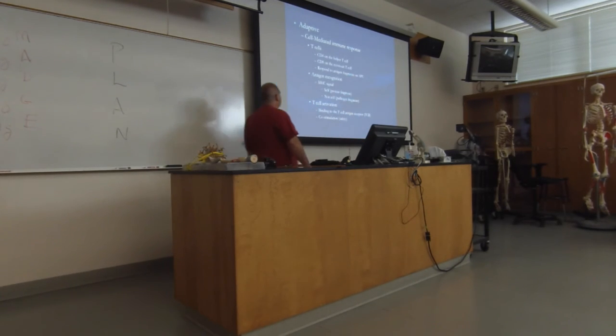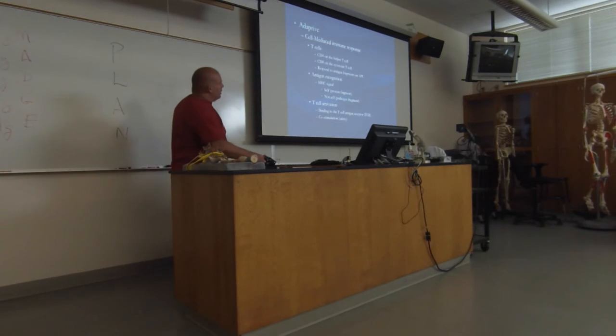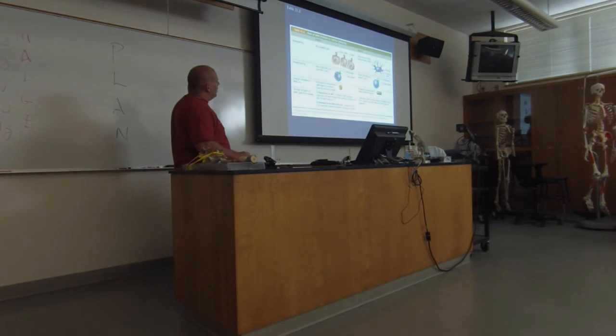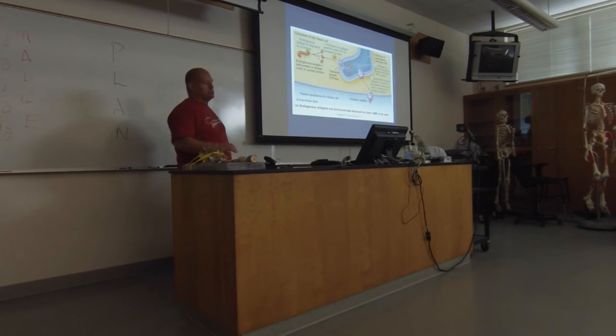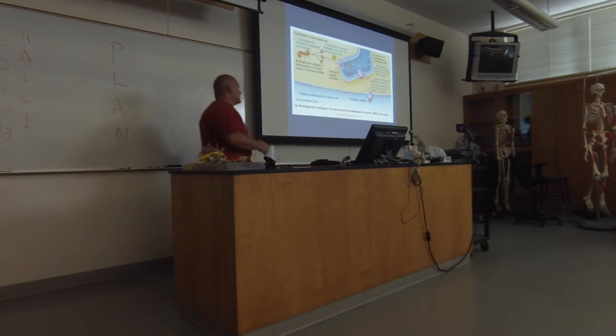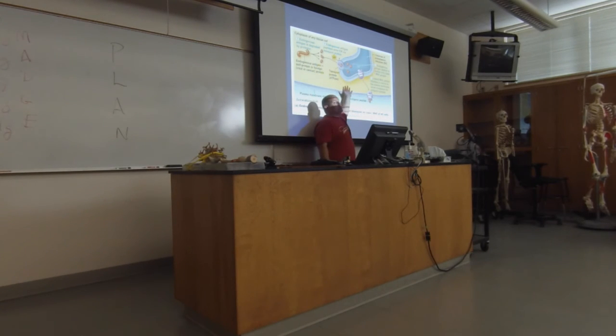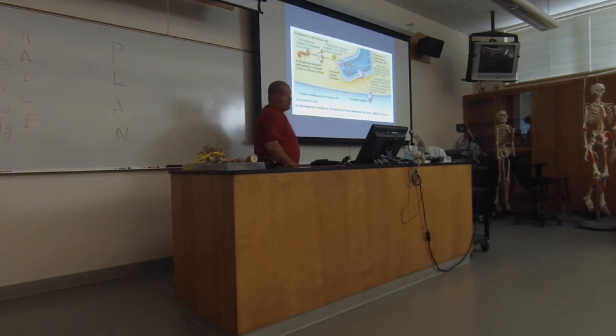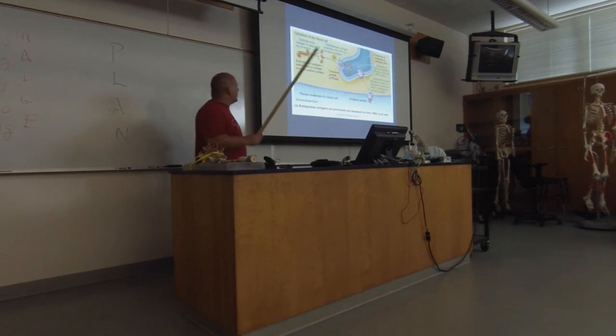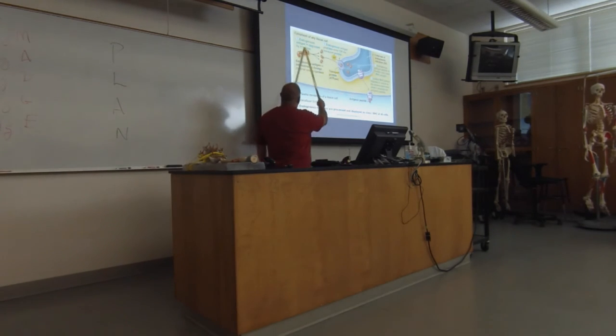Now, we talked about these major histocompatibility complexes. So when I have a regular nucleated cell, not an APC, not a red blood cell because red blood cells don't have a nucleus, we're going to take a protein.